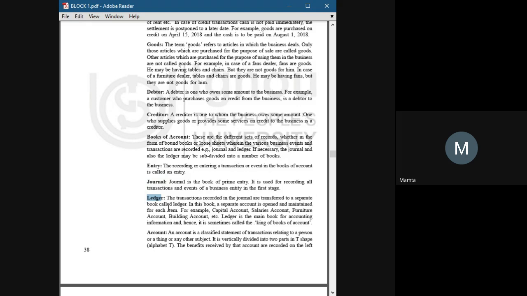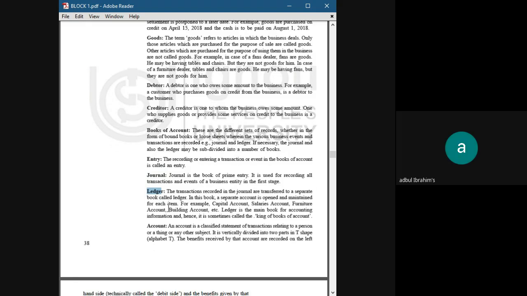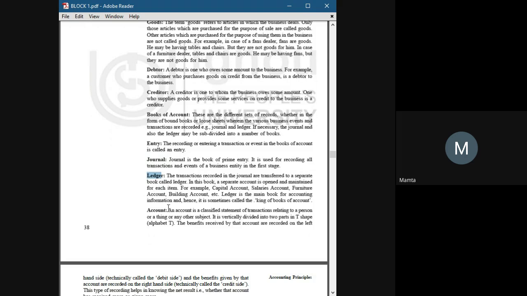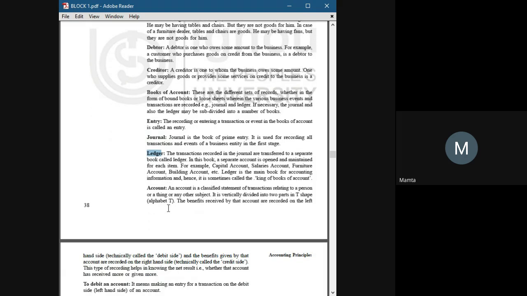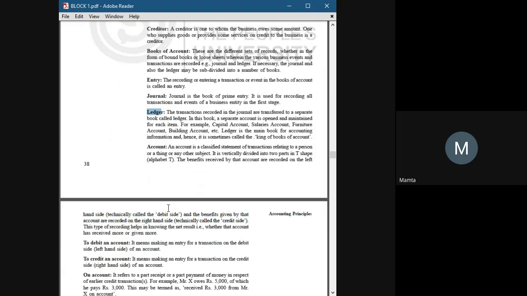Cash account debit to purchases account means cash is debited and the purchases account is credited. Now ledger: when we transfer our entry to the concerned account, then it is known as ledger. A ledger can be a building account, furniture account, capital account, salaries account, cash account, etc.